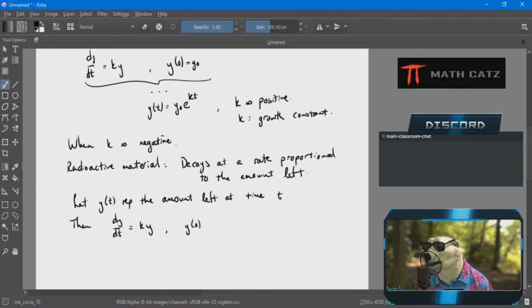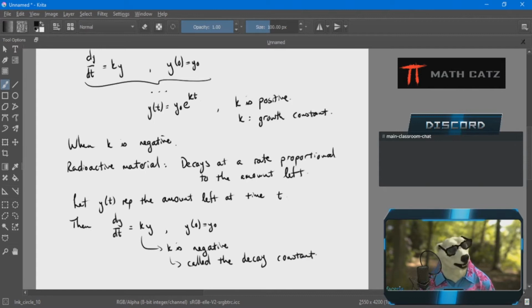And again, I want to know how much there is, the initial amount. Now my k is going to be negative, and k is called, in this case, when I'm talking about an amount decreasing, the decay constant.